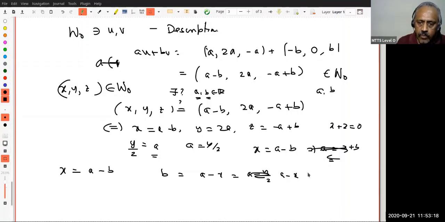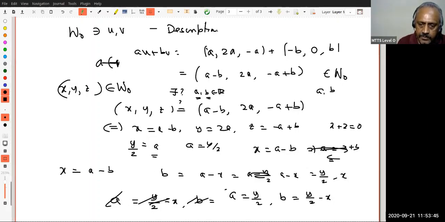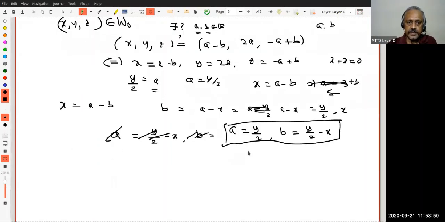A is y by 2, therefore b is y by 2 minus x. Sorry, I keep confusing. A equals y by 2 and b equals y by 2 minus x. Okay, sorry for the confusion. We solved for it.